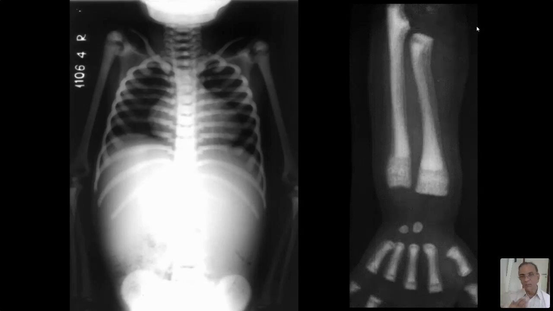So looking at bones, how do you tell one from the other? I told you that the skull vault is normal in osteopetrosis. Remember that. You want to remember one thing about osteosclerotic bone dysplasia, that the skull vault is normal. What I mean by normal is that it's dense, but there are no breaks in the skull vault in osteopetrosis.